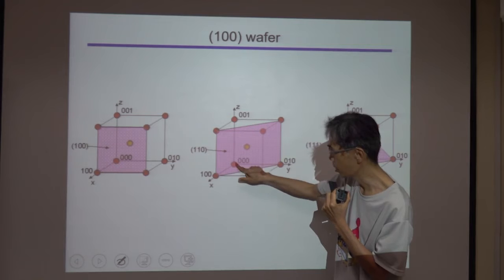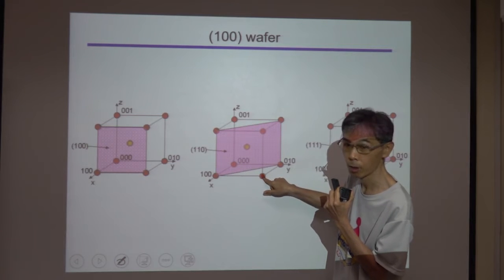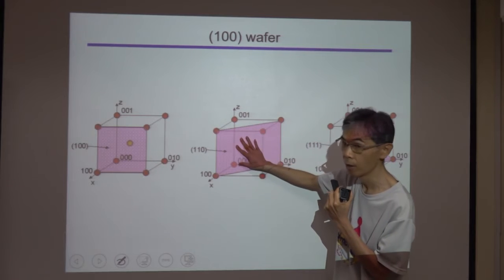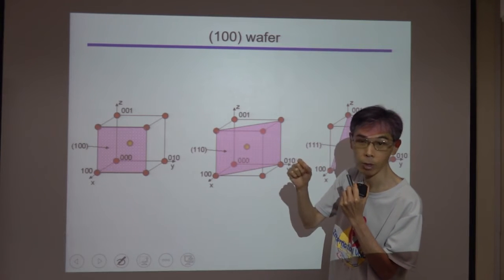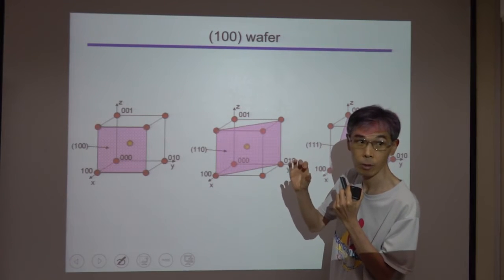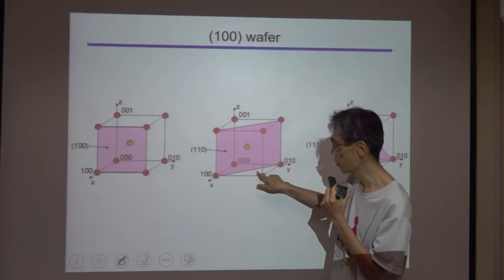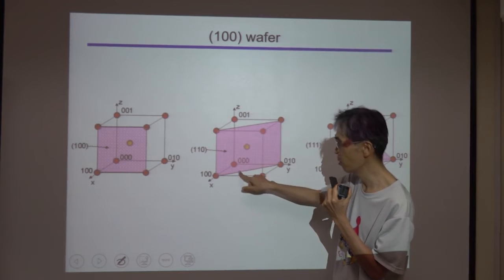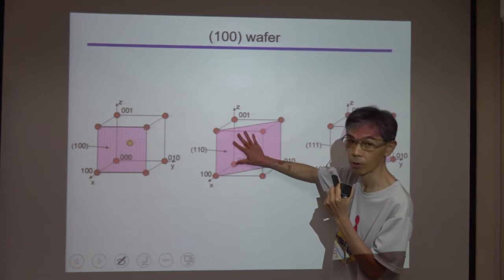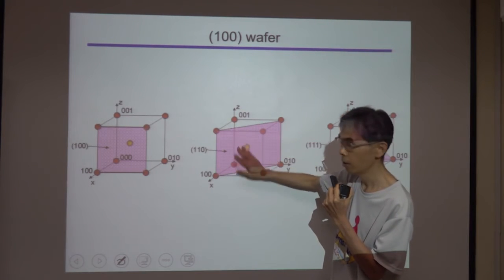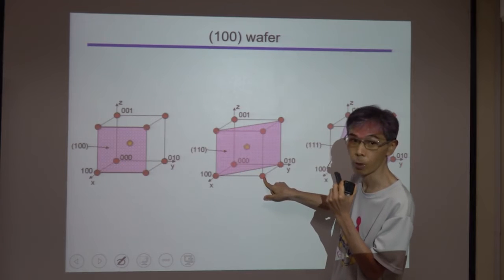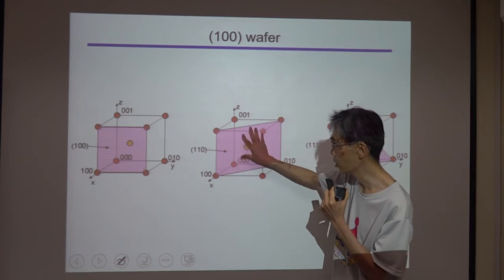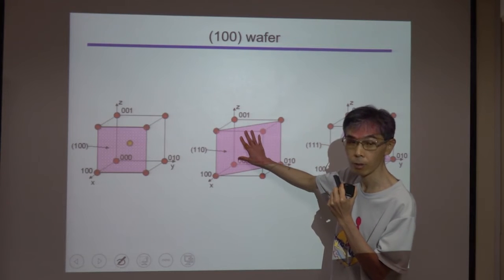This direction is the 1, 1, 0 direction. Normal means perpendicular, vertical. This vector is perpendicular to this surface, so this vector is the normal vector of this surface. So we use the normal vector to represent the surface. That's the reason we call this surface the 110 surface.